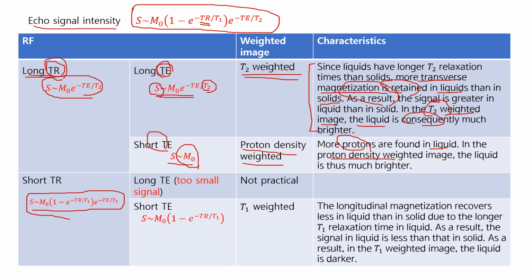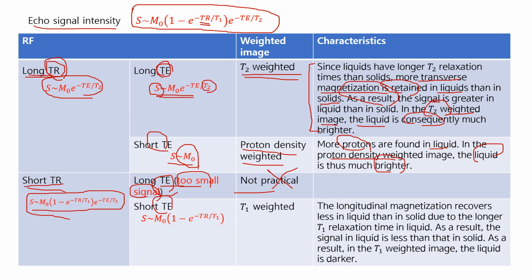In the proton density weighted image, the liquid part is thus brighter. Okay. For short TR and long TE, we already discussed that, and we have too small a signal in this case, so it's not practical.